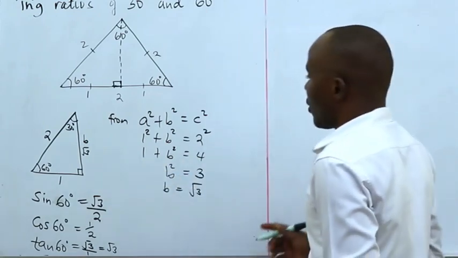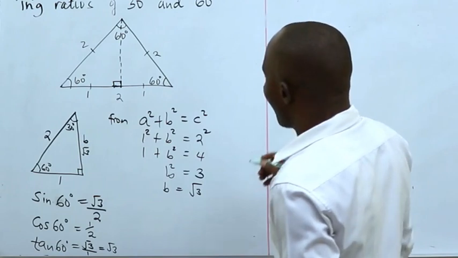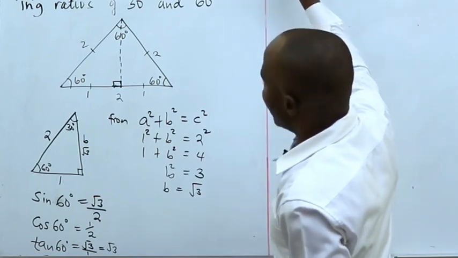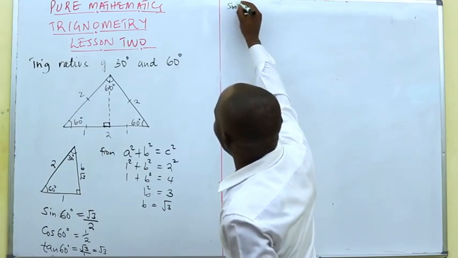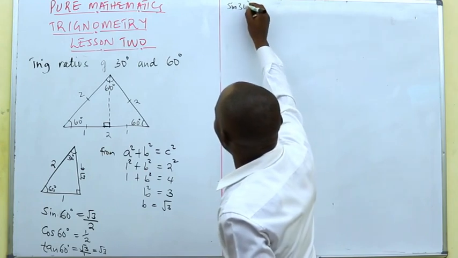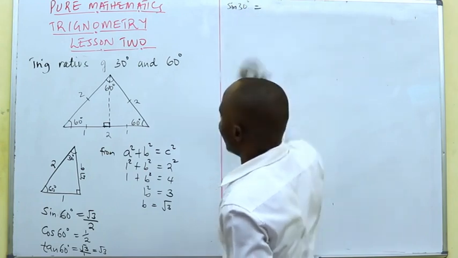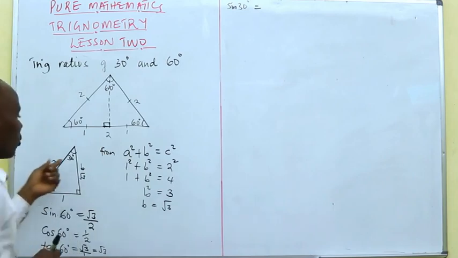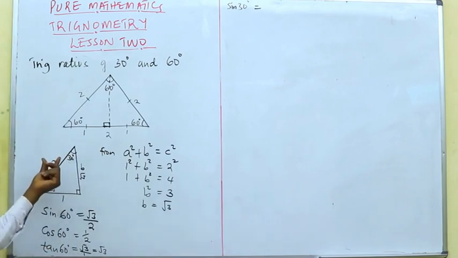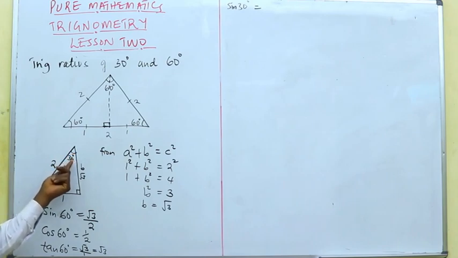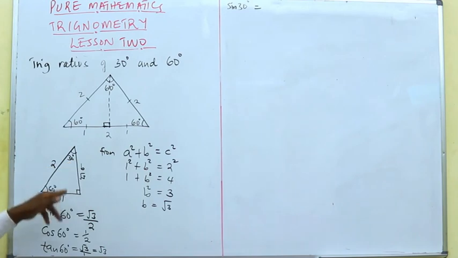Then if I'm to talk about the sine of 30 degrees, sine 30, I'll come back here. Now 30 is up here. You have to be very keen. 30 is here. The side opposite to this angle is 1.